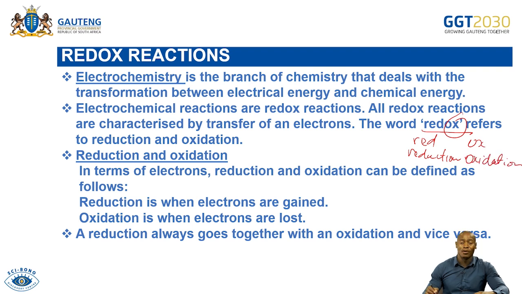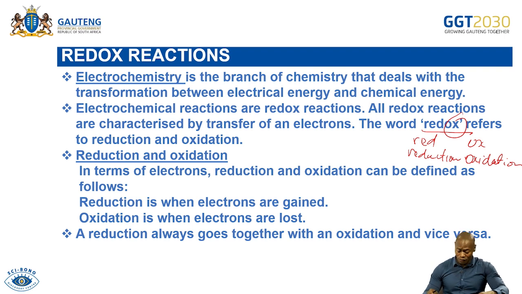So if they say redox reactions, it's like they're saying reduction oxidation reactions. What is a reduction oxidation reaction or redox reaction? It is a reaction where there's transfer of electrons.